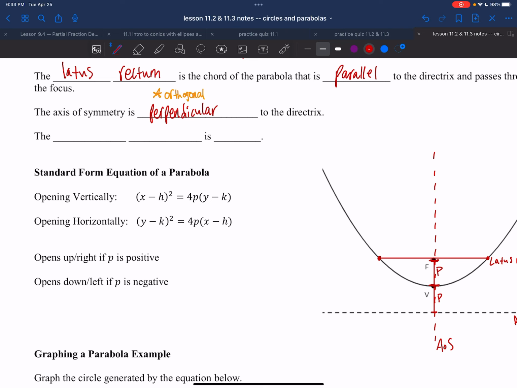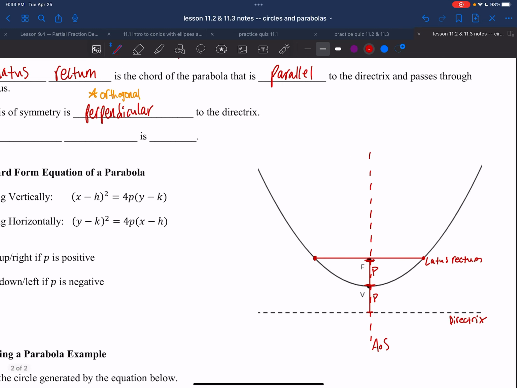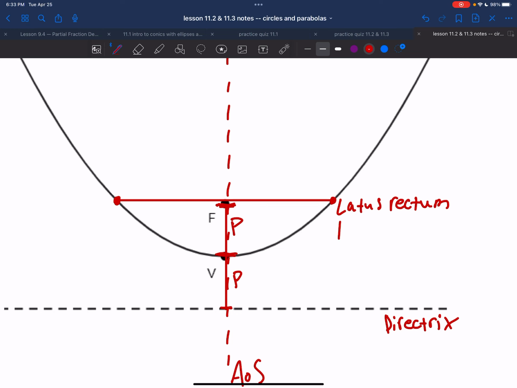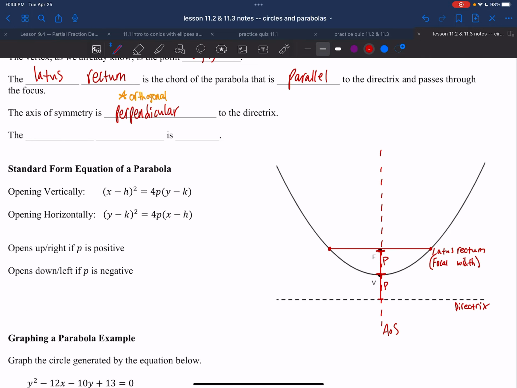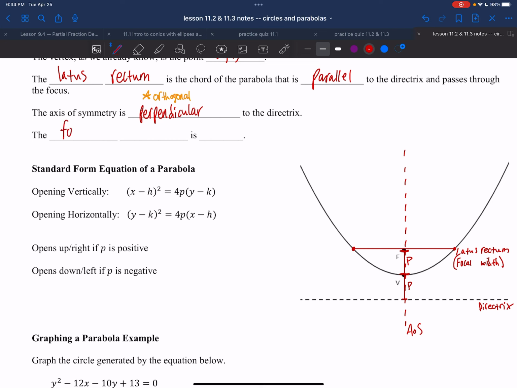Okay, and then finally, the latus rectum is also called the focal width. So latus rectum, focal width, same thing. Actually, the focal width is 4 times the focal length.